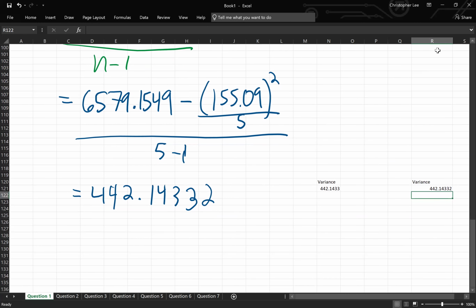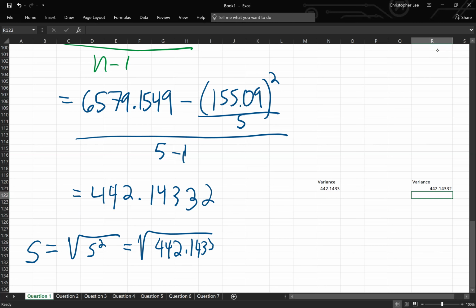All right. Anyway, let's talk about the standard deviation, which is the answer to what we're actually looking for. Standard deviation, S, is equal to the square root of S squared, which in our case is going to be the square root of 442.14332.